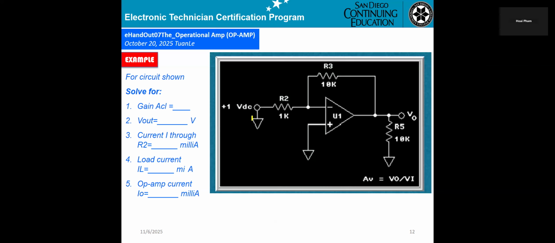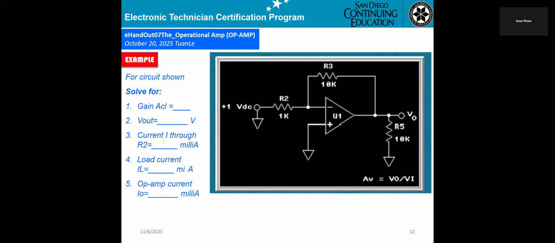So this is an inverting amplifier, and we already know the gain will be minus R3 over R2. That means 10K divided by 1K, and you get a minus. And if you want V out, you take that gain times the input, which is 1 volt.